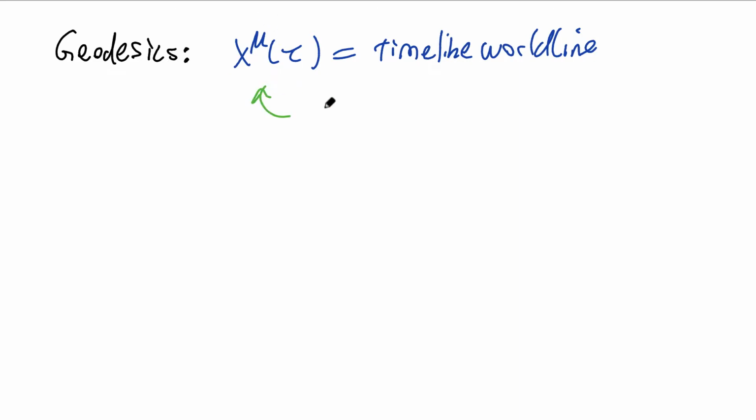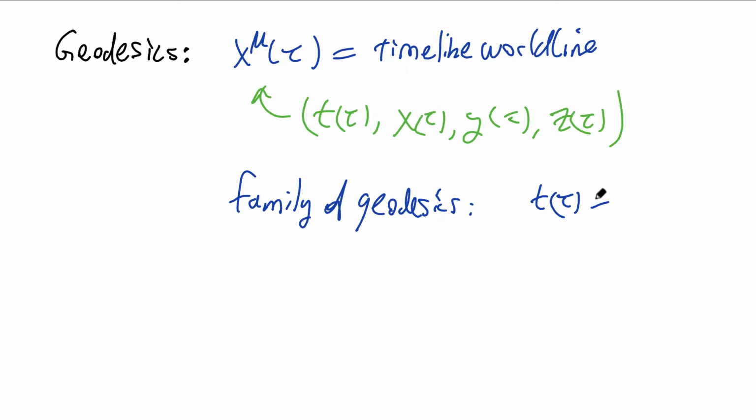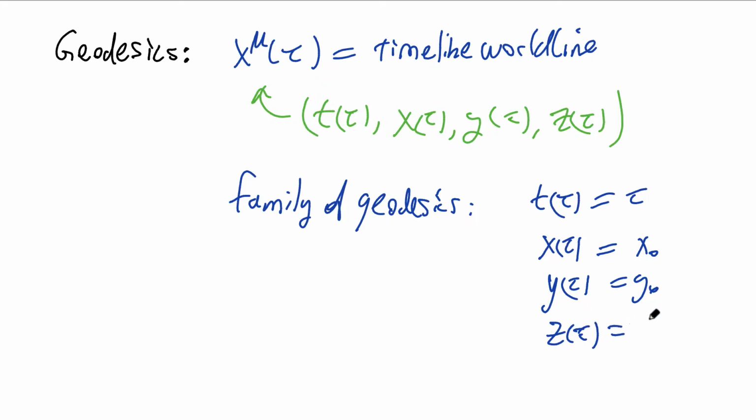So this is t of tau, x of tau, y of tau, and z of tau. Now what we found in the last lecture was a family of geodesics given by t of tau equals tau, x of tau equals a constant, x naught, y of tau equals a constant, y naught, and z of tau equals z naught.